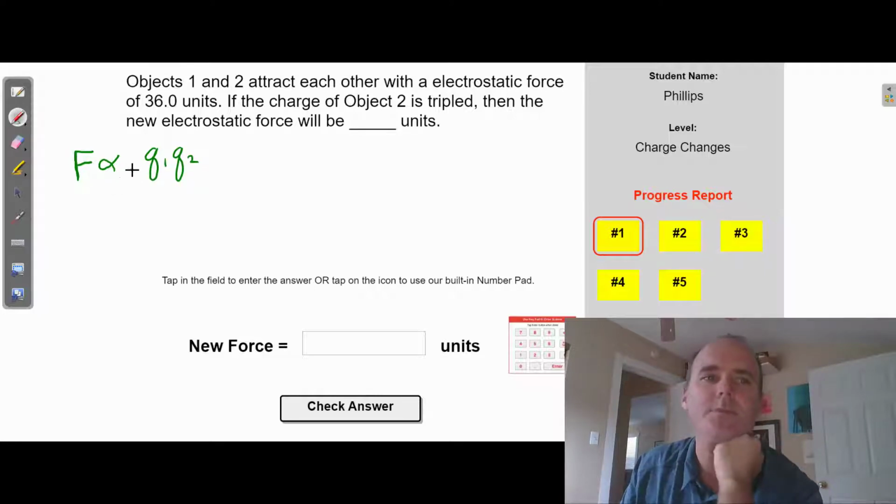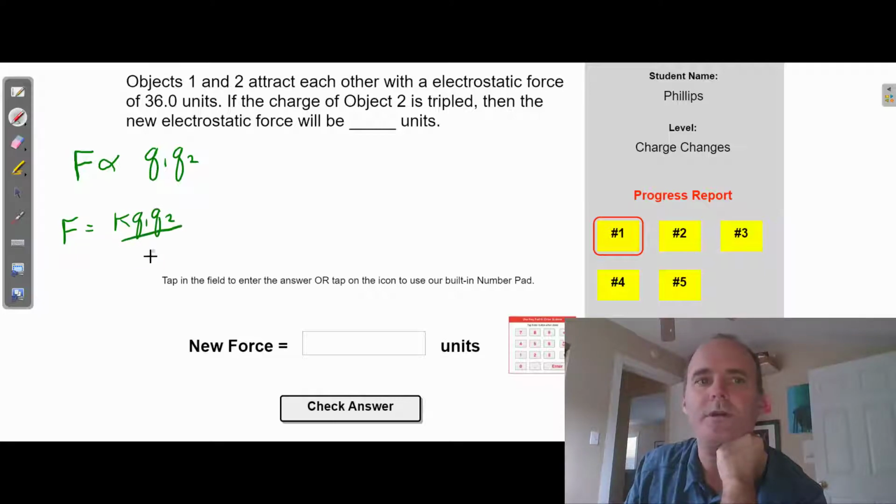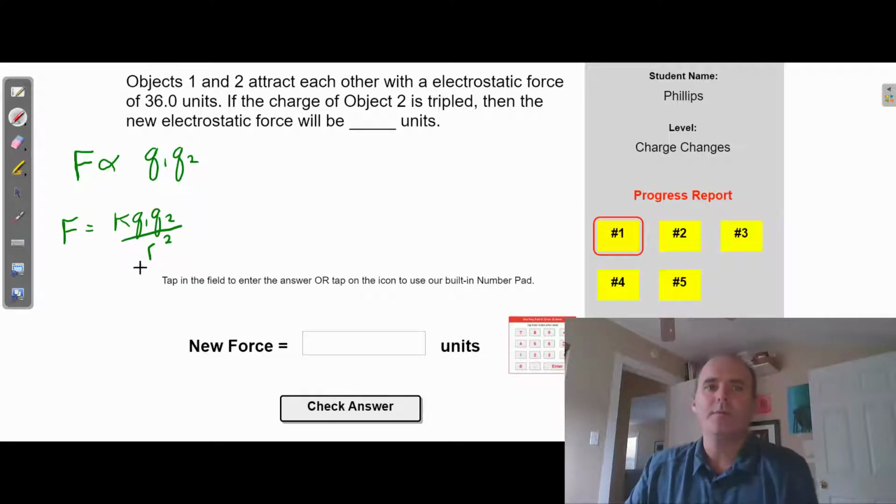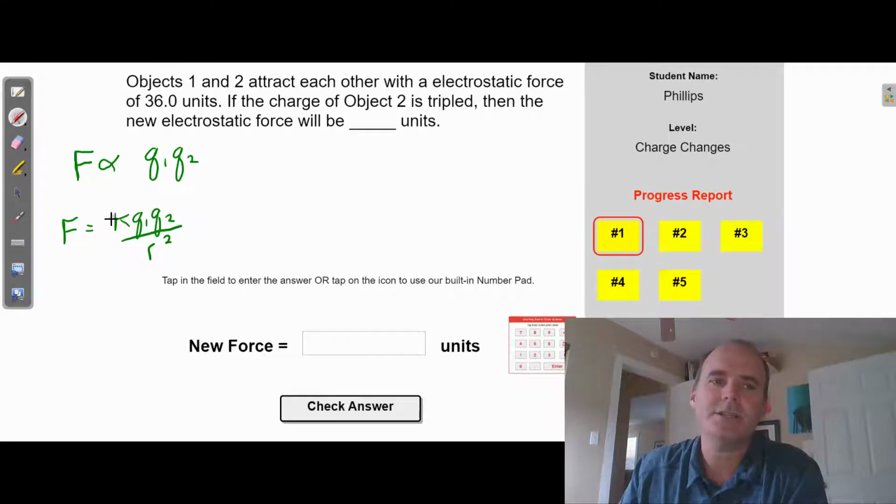This just means proportional. The real equation is F is equal to K Q1 Q2 over the radius squared. But you can see that the radius isn't changing and K is a constant, so all I really care about is the two charges. If I double one of these charges, it doubles the force. If I triple a charge, it triples the force.